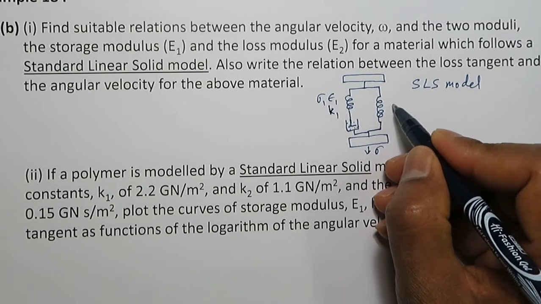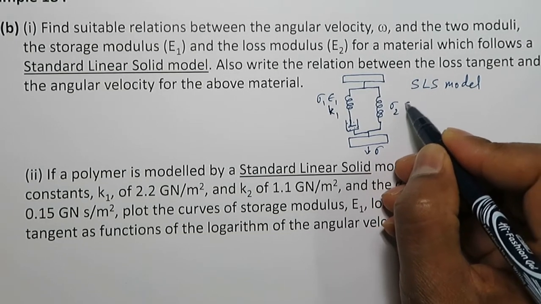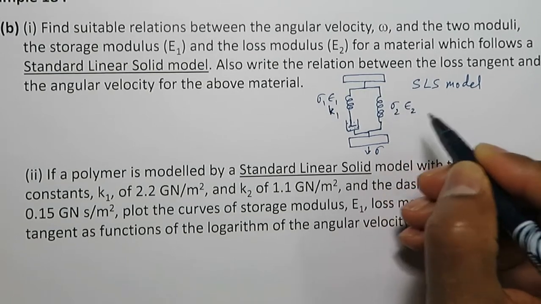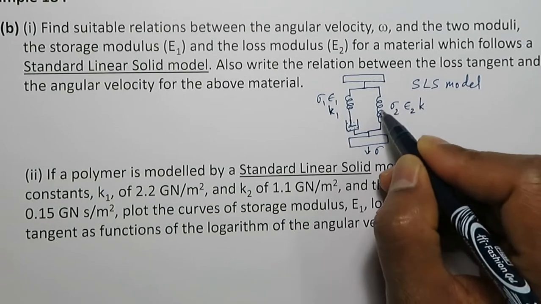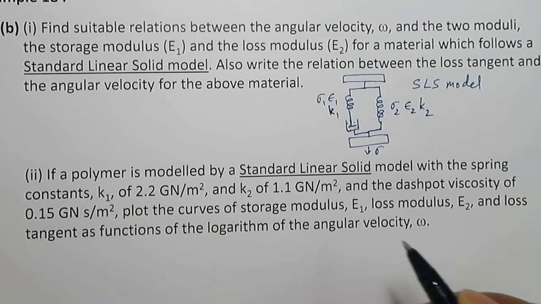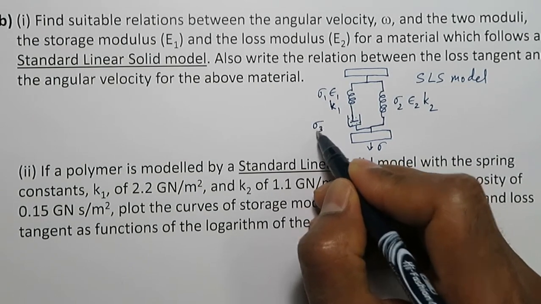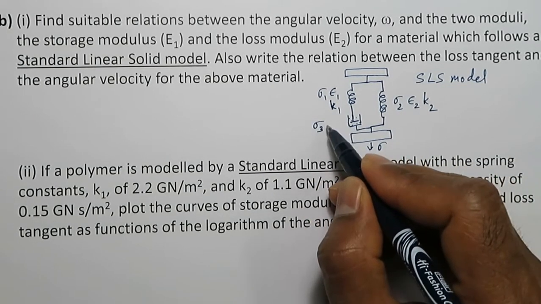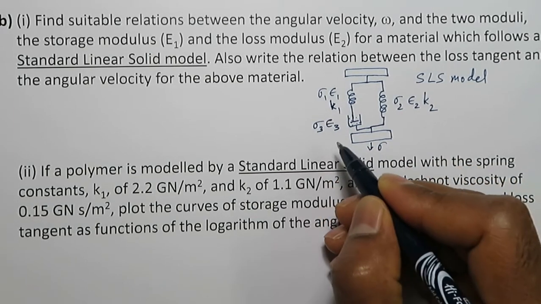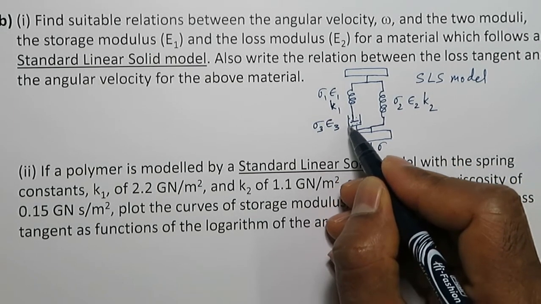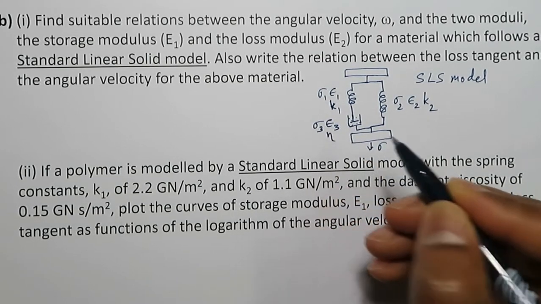Here there will be stress sigma 2, strain epsilon 2, and the spring constant for this spring is K2. Here the stress is sigma 3 and strain epsilon 3, and the viscosity of this dashpot is eta.